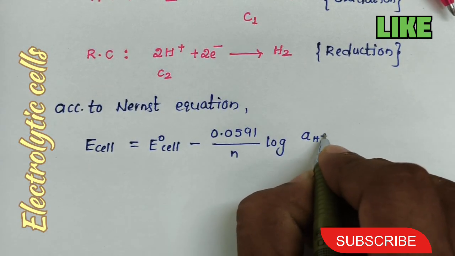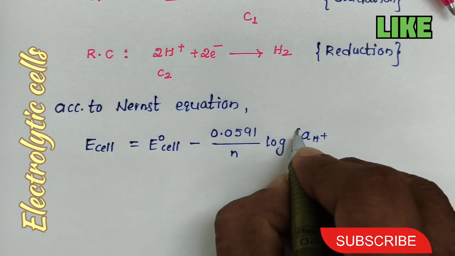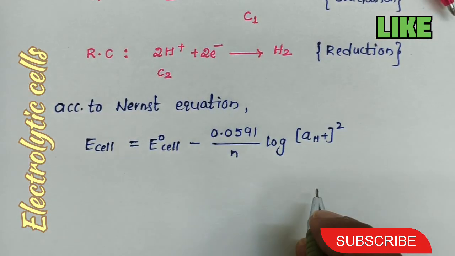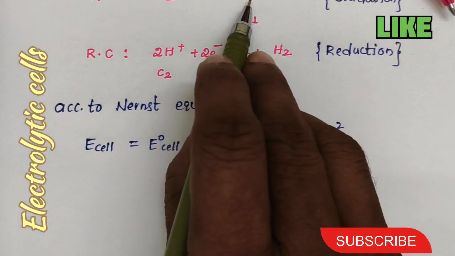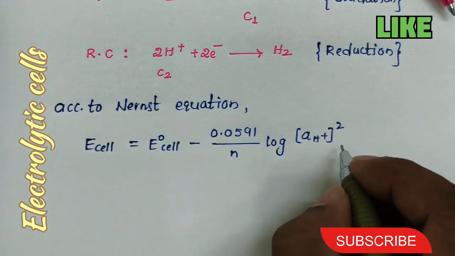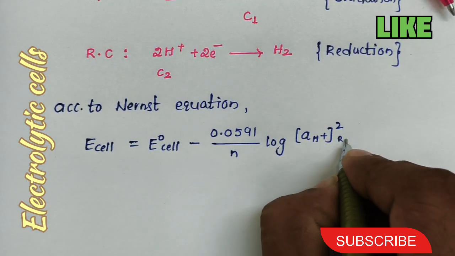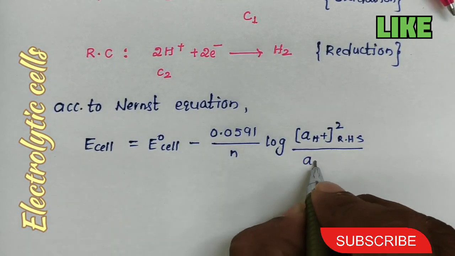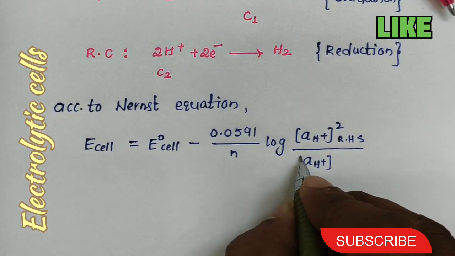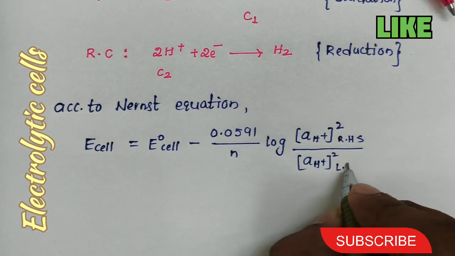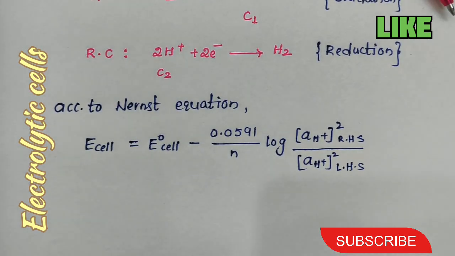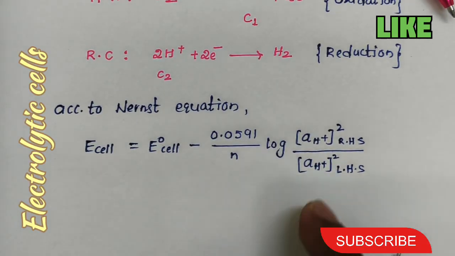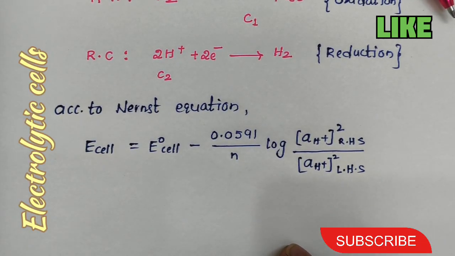We can write the H plus ion concentration power 2 at the right hand side, RHS, divided by the activity of H plus power 2 at the LHS. So these are the concentrations of the hydrogen only, right?